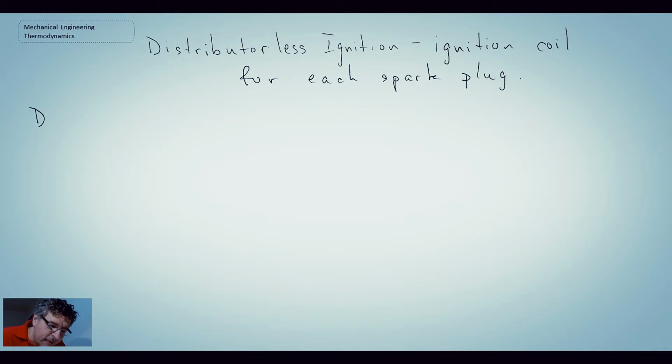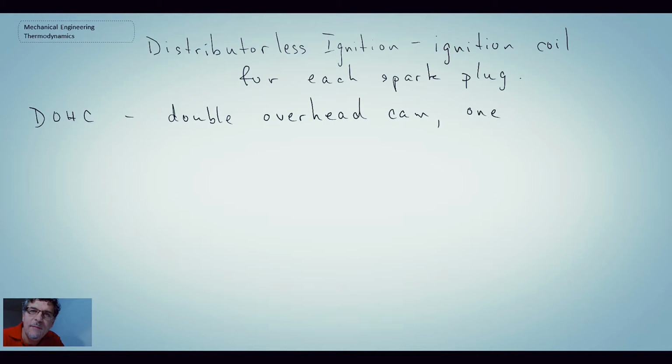Other acronyms that you may see on engines, DOHC, that refers to double overhead cam. And what the cam is, if you've taken a course in doing cam design as part of mechanical engineering programs, the cams are used to open and close the valves.